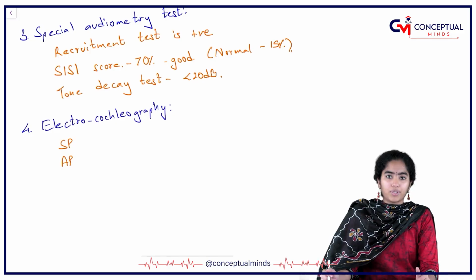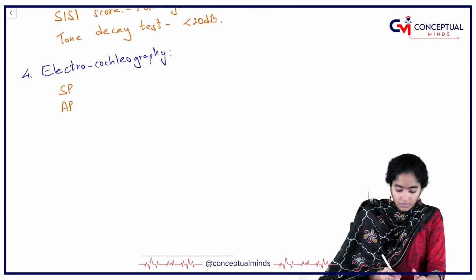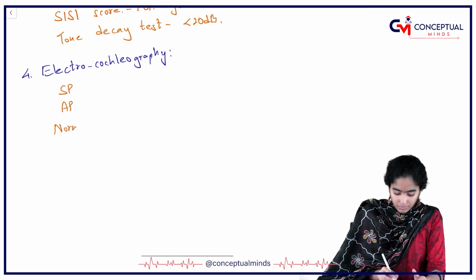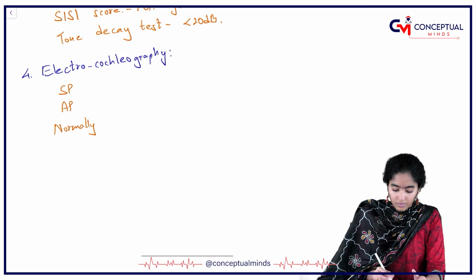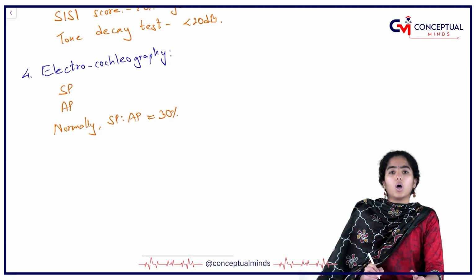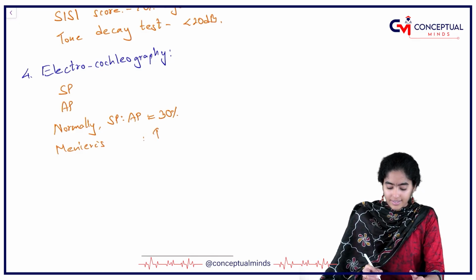Normally, summating potential to action potential ratio in normal people is around 30%, whereas in a patient with Meniere's disease, this increases.